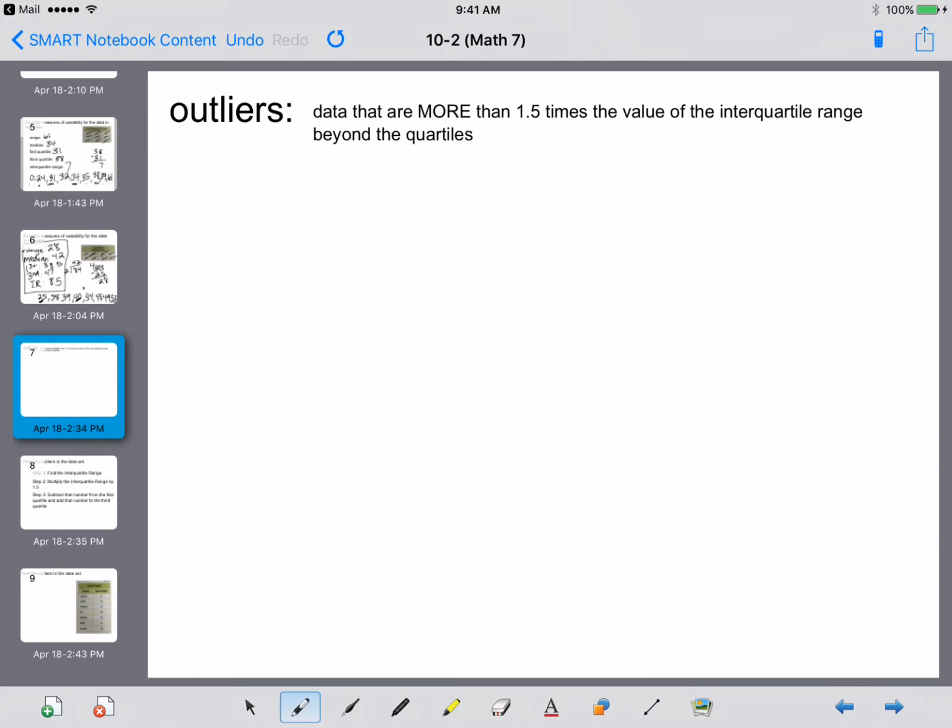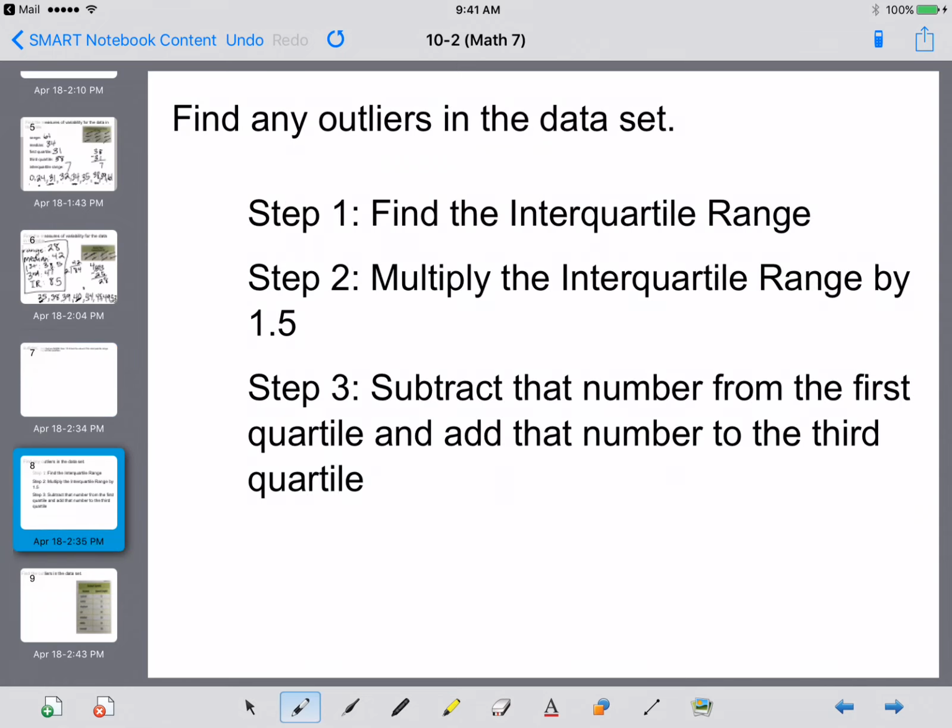So basically what it's saying is, step 1, you need to figure out what that interquartile range is. Step 2, you're going to multiply the interquartile range by 1.5. Step 3, you're going to take whatever that number is and subtract it from the first quartile, and then also add it to the third quartile.